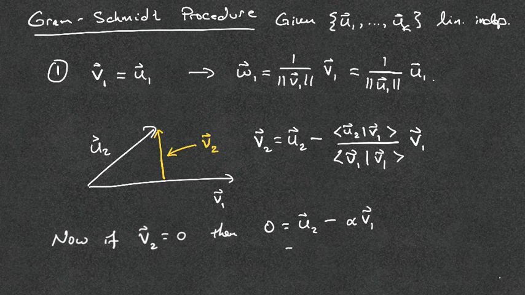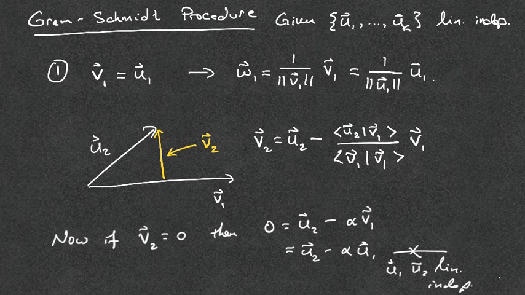But this v1, remember, was really just our u1. And so what we would have is a non-trivial linear combination of u1 and u2 that gave us 0. Well, that would contradict the fact that u1 and u2 were linearly independent.